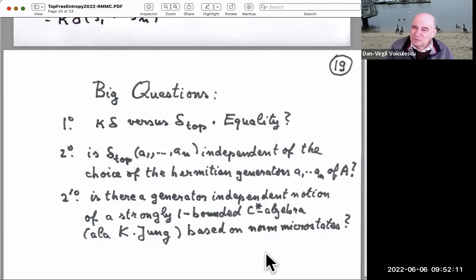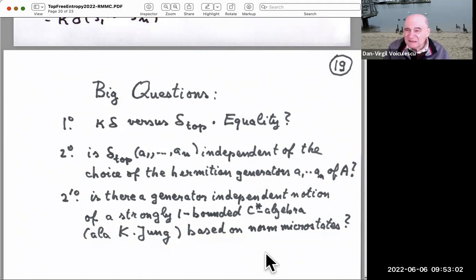About the usual free entropy dimension: while we don't know the answer to the general question whether the free entropy dimension is generator independent, there are very interesting things with the notion of strongly one-bounded von Neumann algebras of Kenley Jung. That's related to free entropy dimension 1, but it is generator independent.